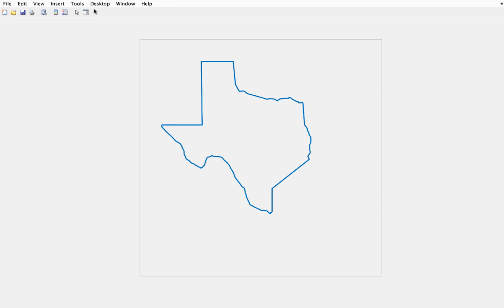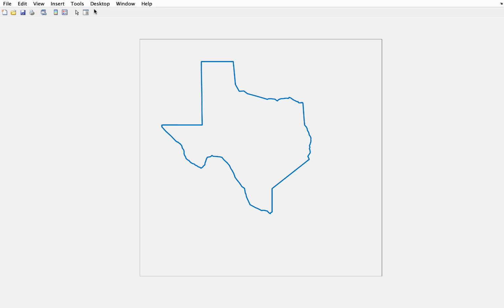So let's see this played out. Here I have a view of two-dimensional space, and suppose that I apply to this set of points in 2 dimensions, which happen to trace out the state of Texas, a contraction.